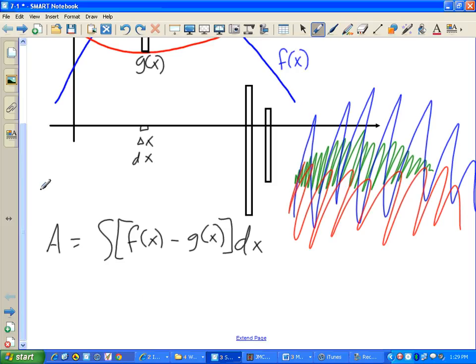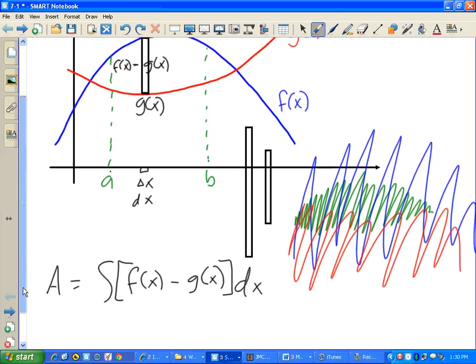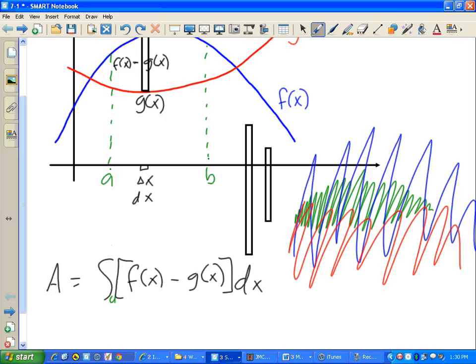Okay, so that's your general formula for area between two curves. Now, this is usually going to be a definite integral because they're going to give you some boundaries. Maybe they want from point A to B. Okay, so you'd be going from A to B.